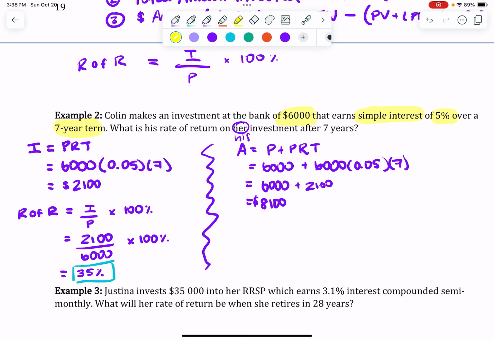Now, when I made this calculation, there's a couple of things that I want to note. This is my current value of my portfolio.